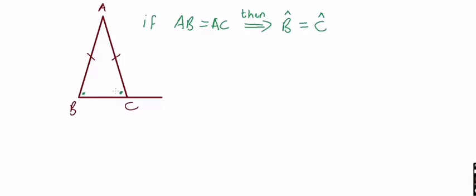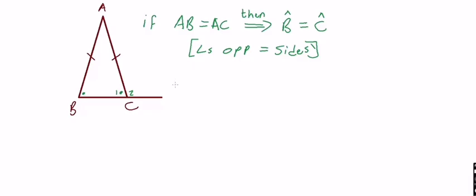If we say this is C1 and C2, then the reason for this, we would say, is angles opposite equal sides.